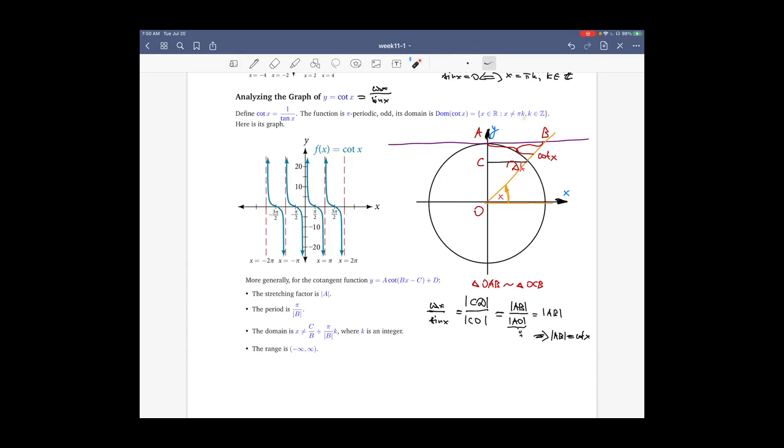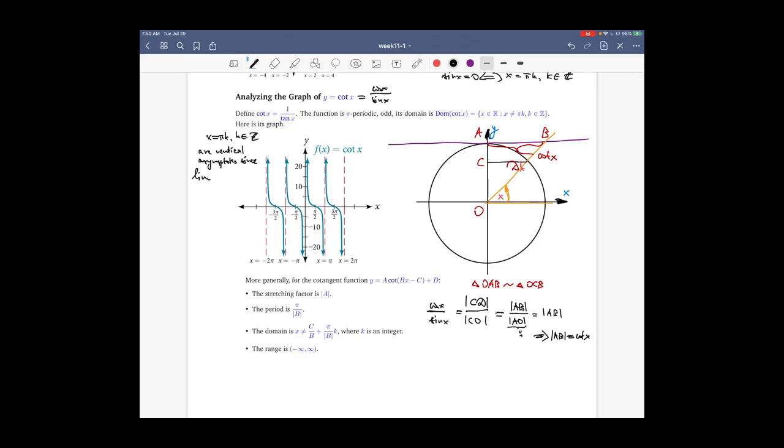Vertical lines x equals pi k, where k is an integer, will be vertical asymptotes. That's where cotangent is not defined. And that's where the limit of cotangent is infinity.